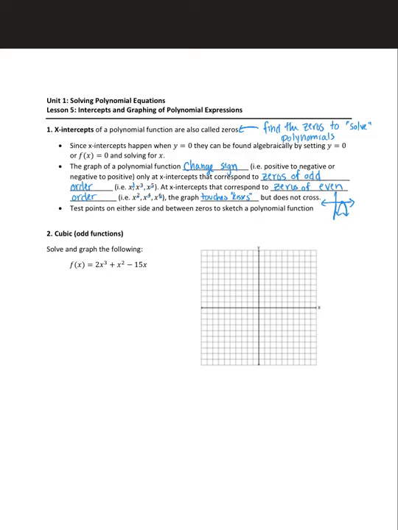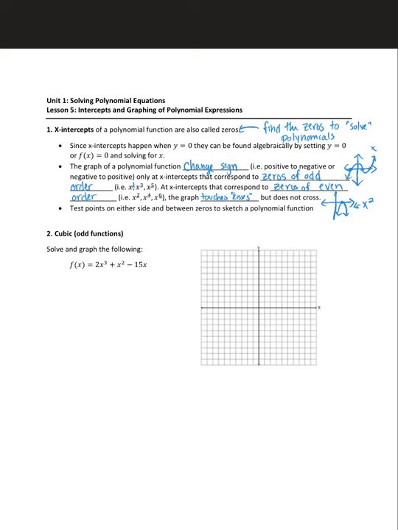So that's true of polynomial expressions, where this could be an x squared graph or a parabola. If we think of x to the power of 3, it usually looks something like this, and we can see that at the zeros, the graph is crossing from negative to positive or positive to negative.